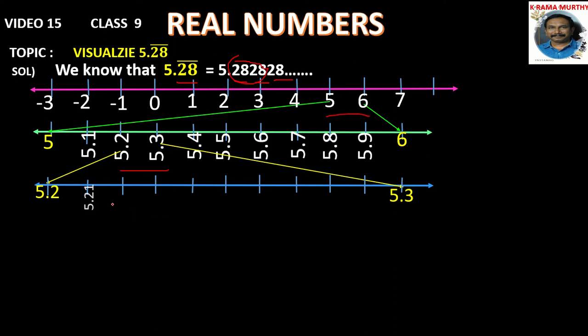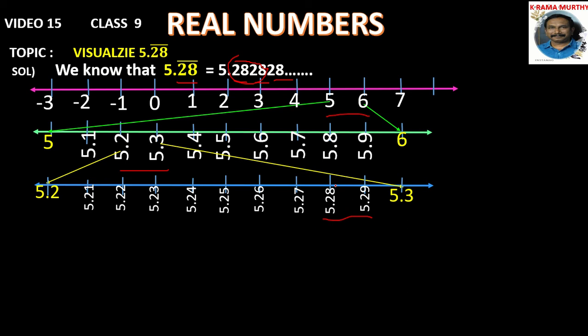The numbers to be found in between these two in the hundredths place are like this: 5.21, 5.22, 5.23, 5.24, 5.25, 5.26, 5.27, 5.28, 5.29. Again we find 5.28 here and 5.29 here, but the thousandths place is 2.